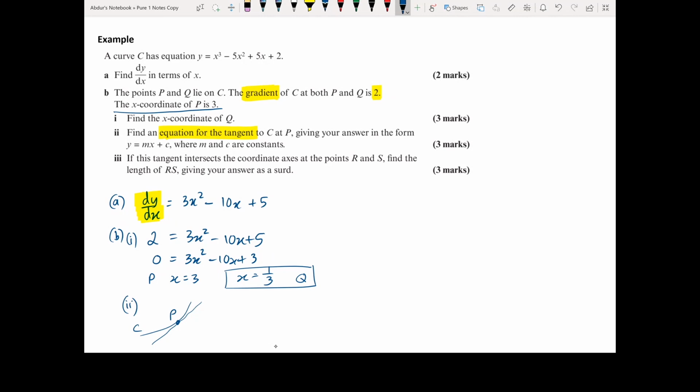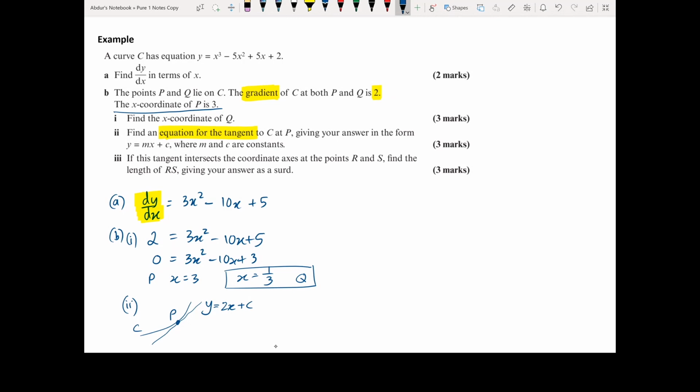I know something about this tangent at the point P, because we know that the gradient of this tangent is 2. We were given that, so we'll write down y is equal to mx plus c. M is 2, so y is equal to 2x plus c. Now we know something about this P coordinate.